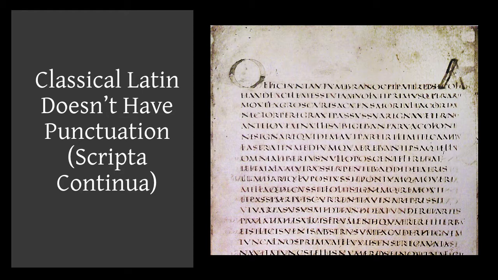So context will tell you what the meaning of a sentence is. I will punctuate the exercises and the tests and the assessments that you get to help you along, but the understanding should be that those don't really belong there. They're just sort of training wheels for you to help understand the Latin language.